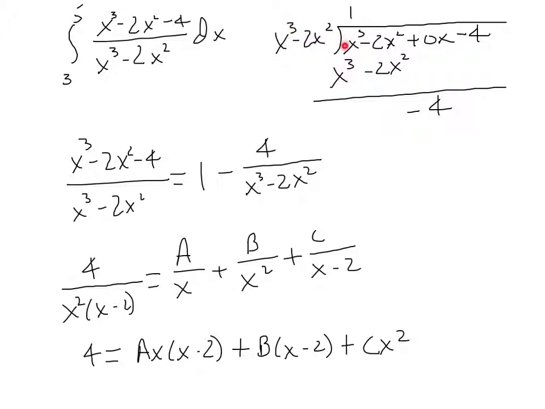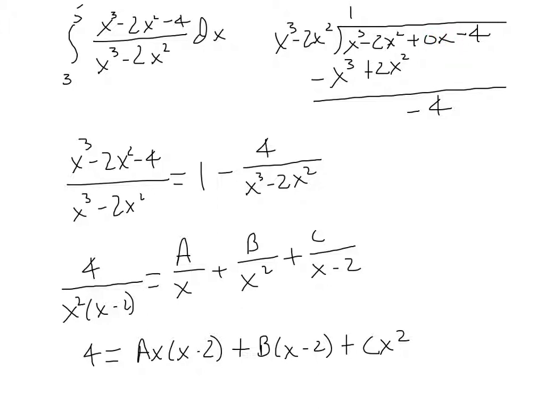That x cubed will go into that x cubed one time, and then we'll multiply the 1 by the x cubed minus 2x squared. Then we change these signs and add, and that'll zero out. We made sure that we included this x term by putting a 0 in front of it just to make sure that everything would line up.